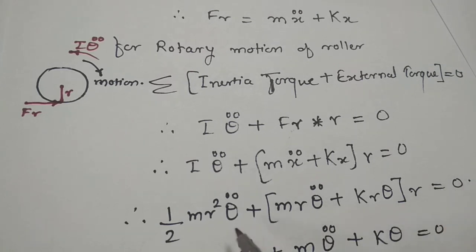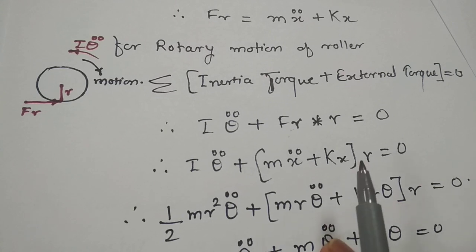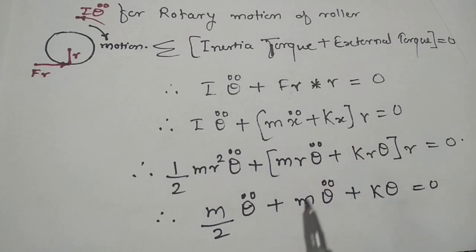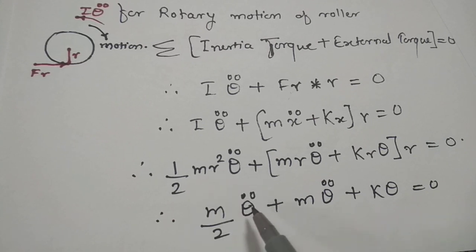If we are considering here r square and we are multiplying this r here and here, means r square can be common. So we can write m divided by 2 into theta double dot plus m into theta double dot plus k theta is equal to 0.